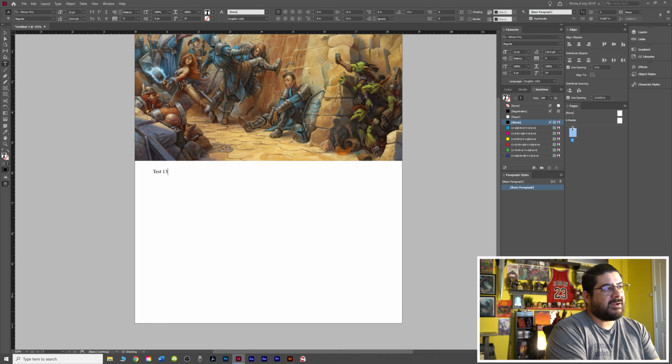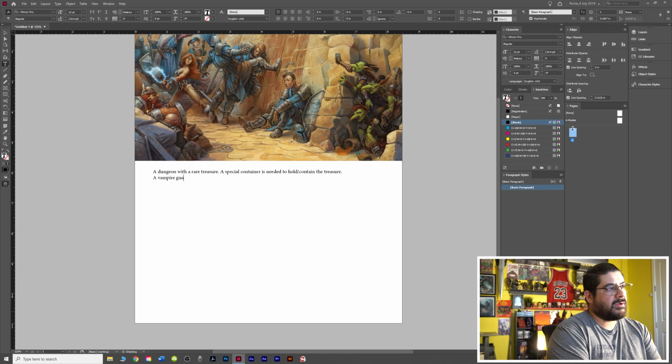Test 1, 2, 3. I don't even need to have fancy fonts or anything like that. So, number 1. A dungeon with a rare treasure. A special container is needed to contain the treasure.